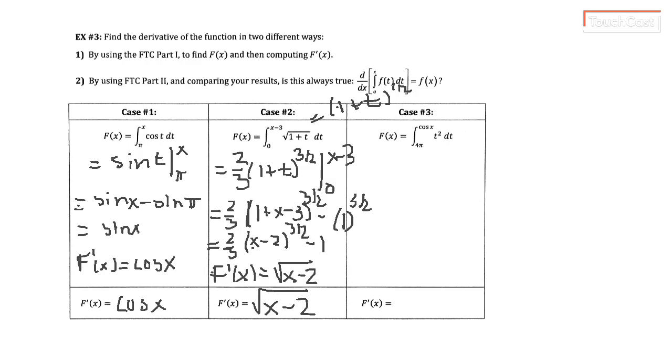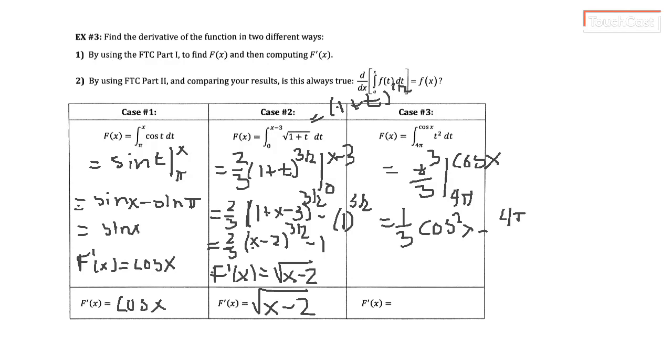We've got t squared from 4 pi to cosine x with respect to t. So I'm going to take big F. That's going to equal t cubed over 3 from 4 pi to cosine x, which means I'm going to have 1/3 times cosine cubed x minus 4 pi cubed over 3.